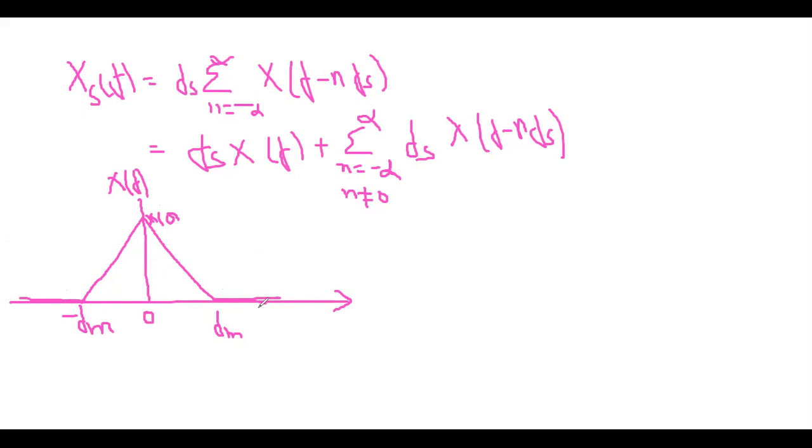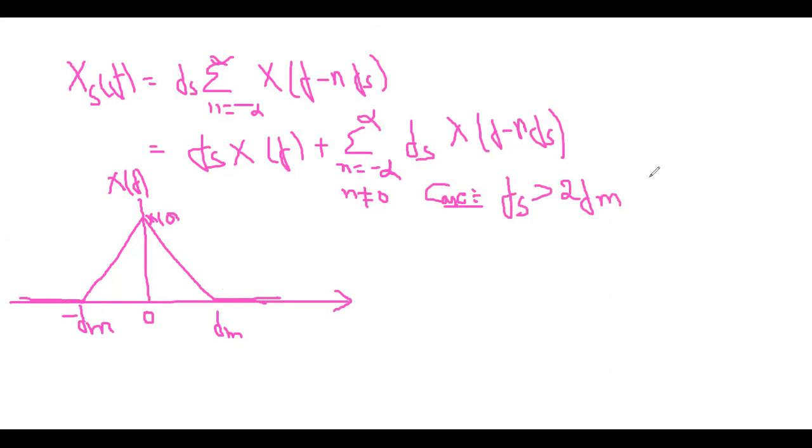Now the first case, case 1, is Fs greater than 2 fm. What does the definition say about the sampling frequency?